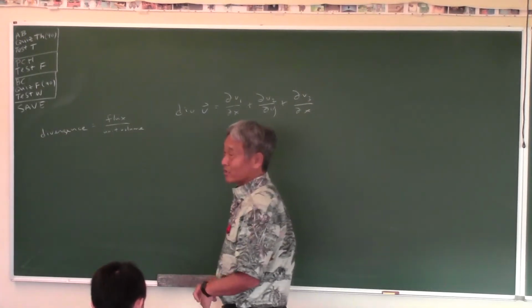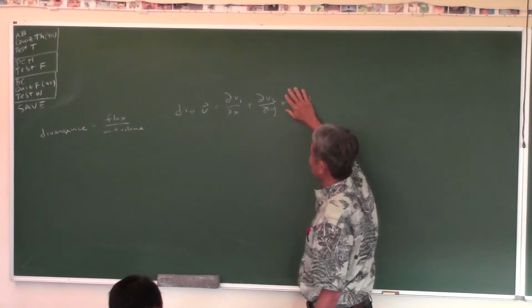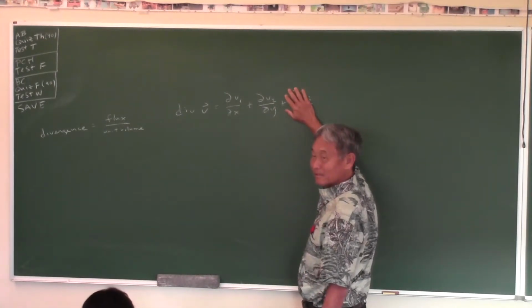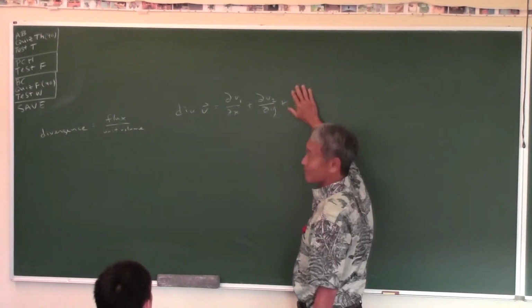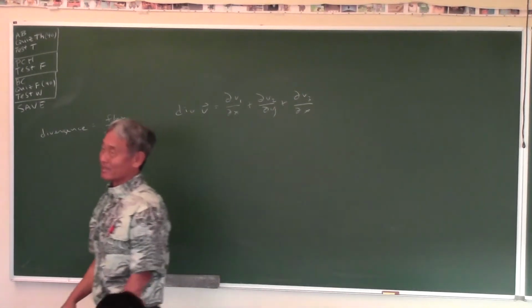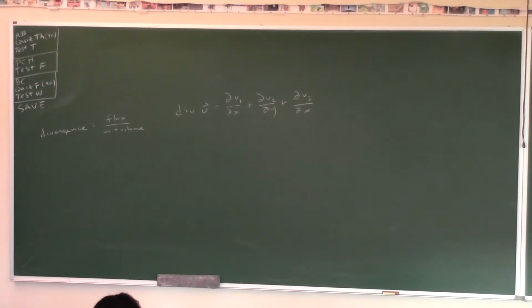And in a two-dimensional setting, then of course it would just be this. Three-dimensional, two-dimensional. Those are the two things they give you on page 851. So look how easy this is. It's super easy to compute it, but to understand what it is, that's a whole nother animal.